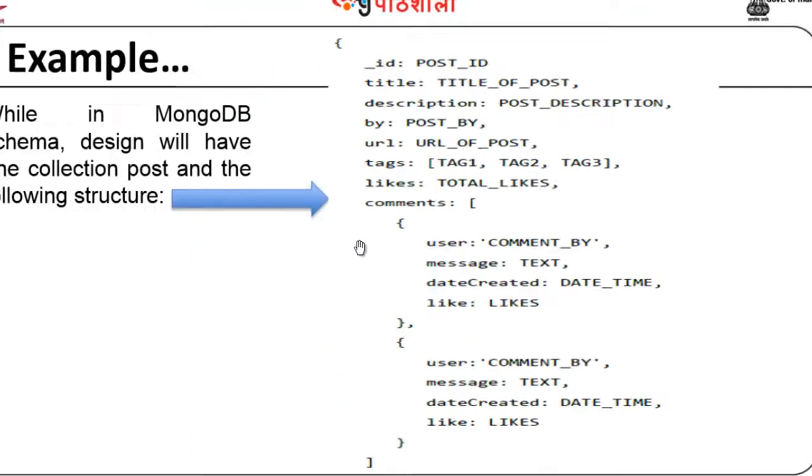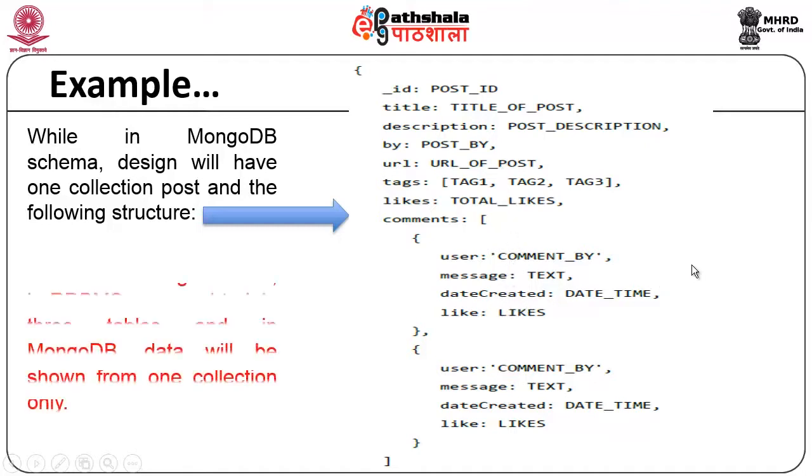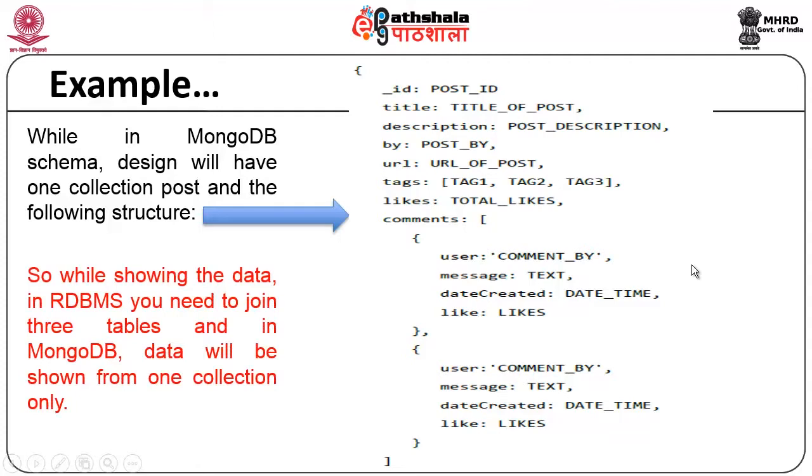So, when you take a look at this, you will find only one single collection for the concept called post, which together has integrated the details about the users, the comments posted, and also the tags related to this post. Now, this will help in reducing the space associated with the given scenario.